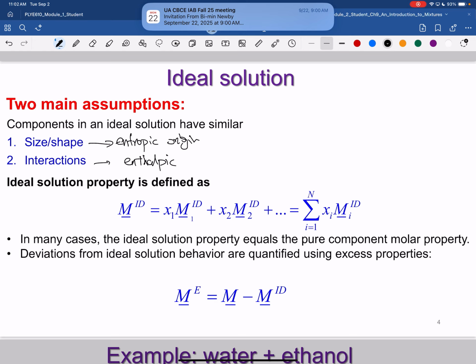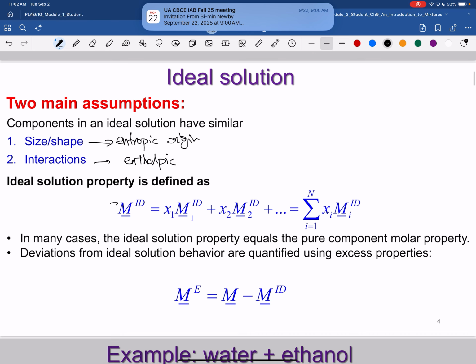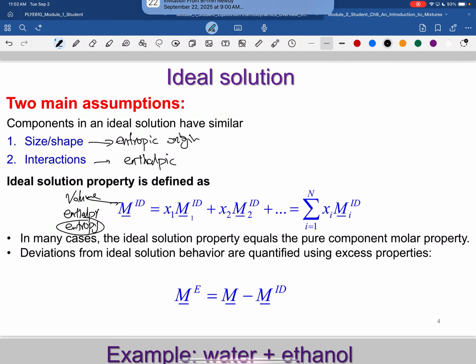So for an ideal solution, when components are very similar to each other, for all the molar properties, we can define this parameter M that stands for all the properties. It can be volume, enthalpy, entropy. We will talk a little bit more about entropy; we need to be careful about that. Or Gibbs free energy, all the parameters that you know in thermo.